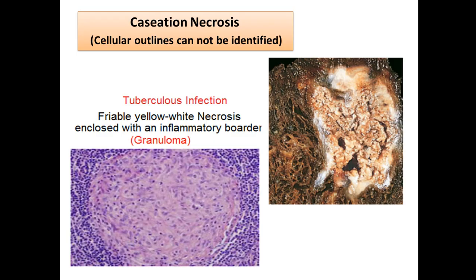Caseation necrosis is another type, and it is most commonly seen in tuberculous infections. What happens in tuberculosis is that the type 4 hypersensitivity reaction, or T cell mediated hypersensitivity reaction, occurs, and the recruited macrophages undergo a change into a specialized type of cells known as the epithelioid cells.